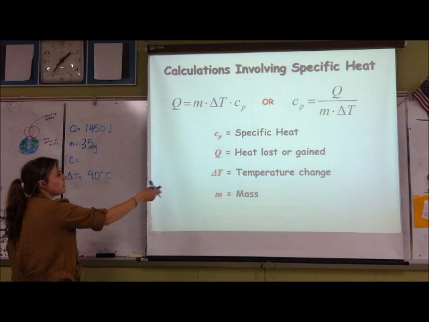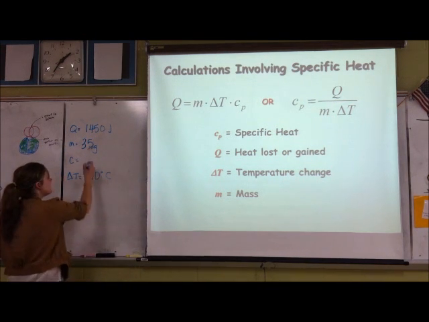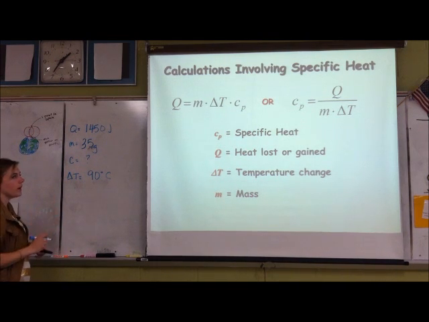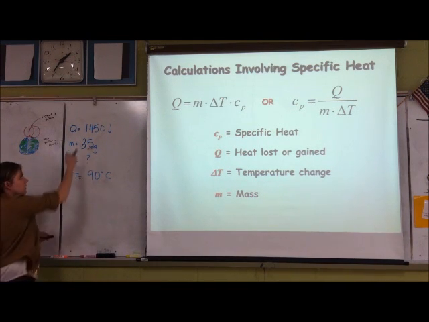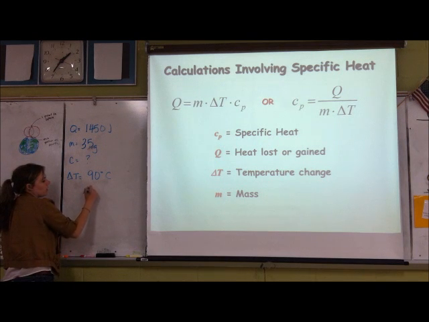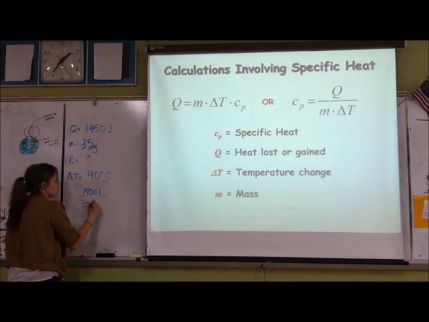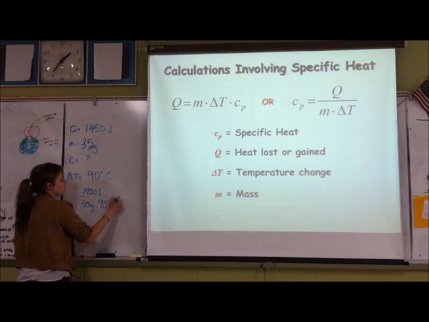So we're going to look at this second equation here because C, our specific heat, is our unknown. You set that up: Q over M times delta T, so Q, 1,450 joules, over M times delta T, which is 90 degrees Celsius.